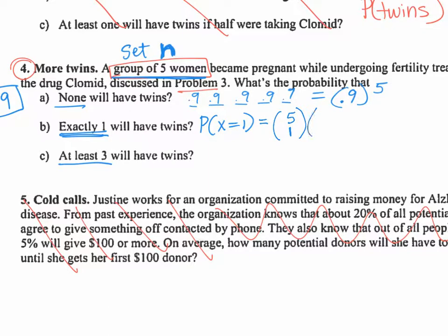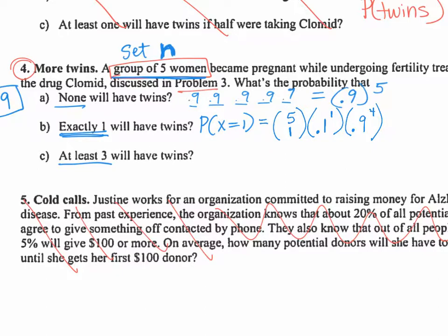Okay, now let's do the successes. That probability is 0.1 and I want 1 of those. Okay, now let's do the failures. The failure rate is 0.9 and if I have 1 success, how many failures are there? 4. So that's the work that you would show.